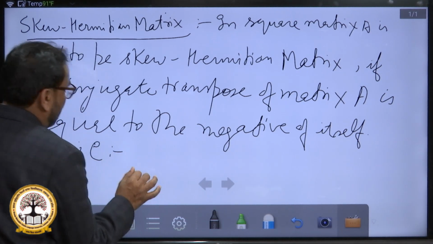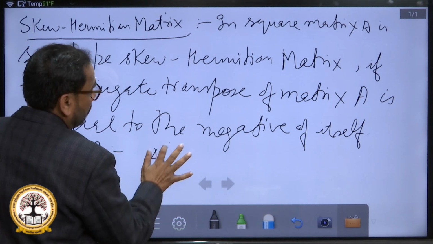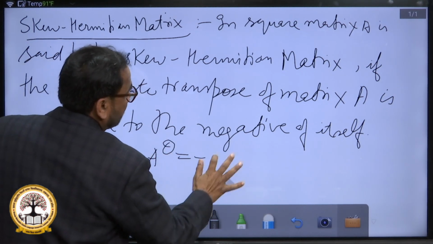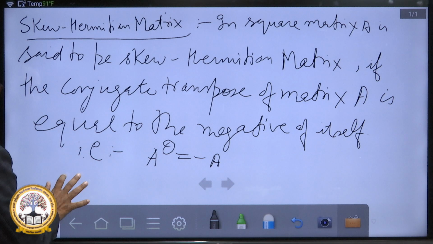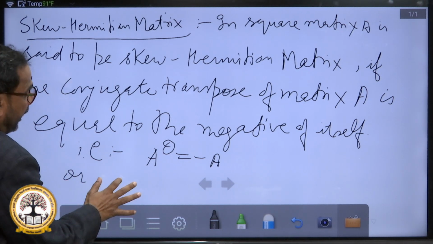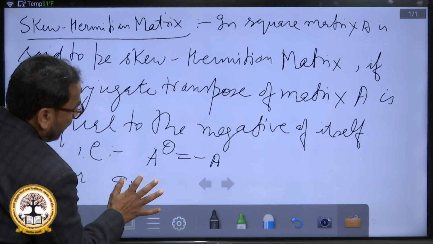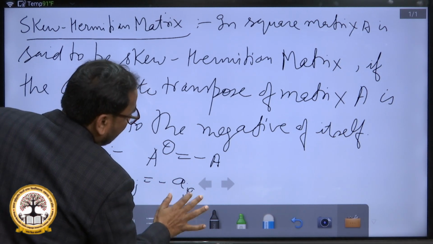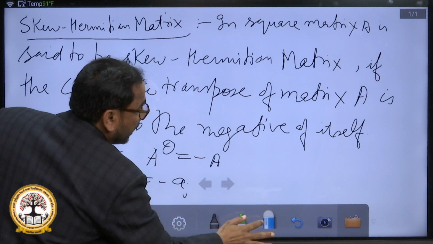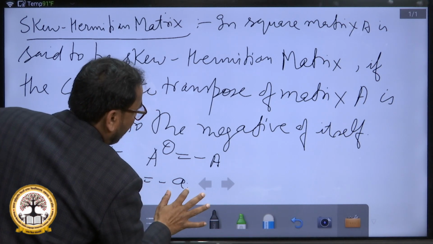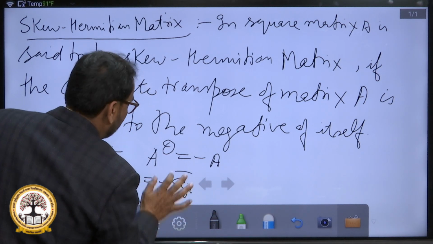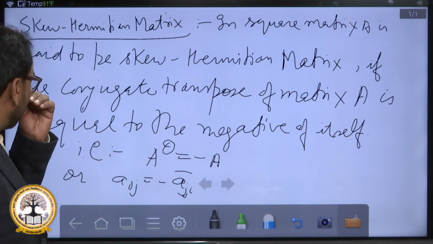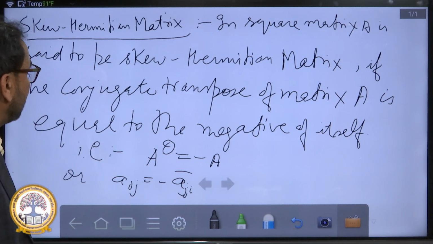That is, A to the power theta is equal to minus A, or a ij is equal to minus a j i bar. This is the definition of skew Hermitian matrix.